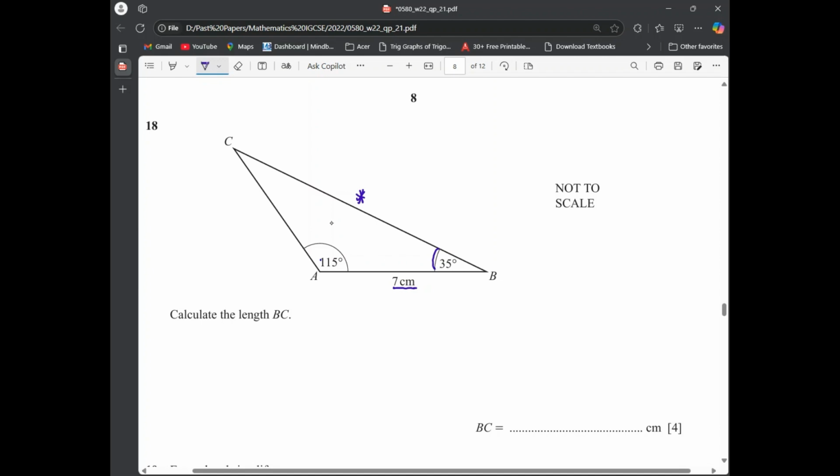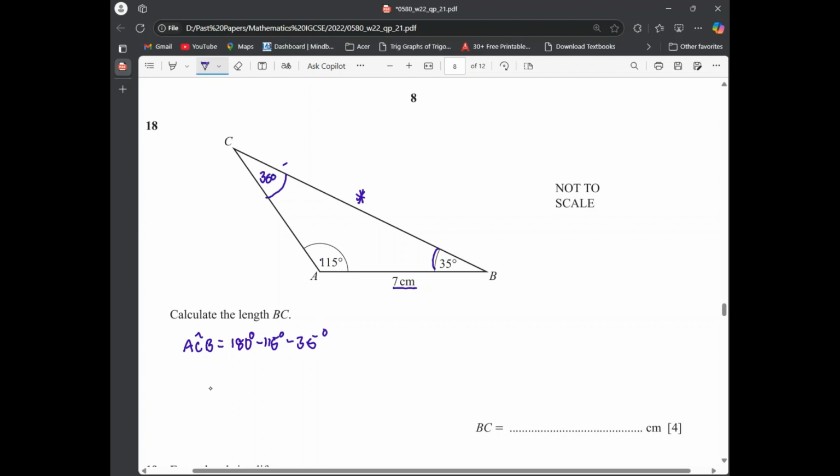So it would help to find that angle there. So the first thing we are going to do is say angle ACB is equal to 180 degrees minus 115 degrees minus 35 degrees. So that's going to give us 30 degrees. So this angle here is 30 degrees.